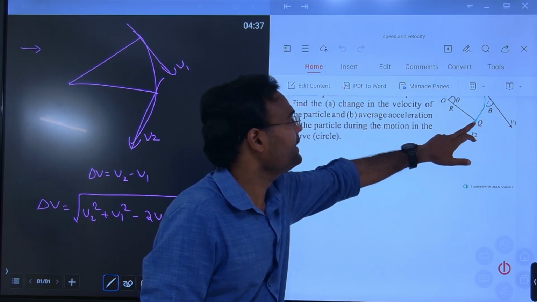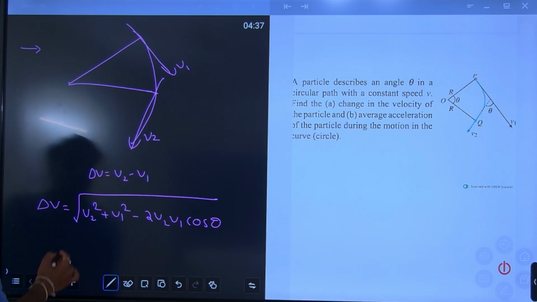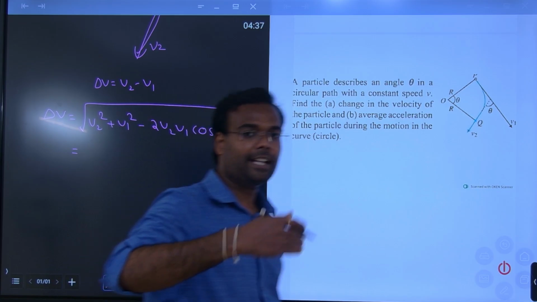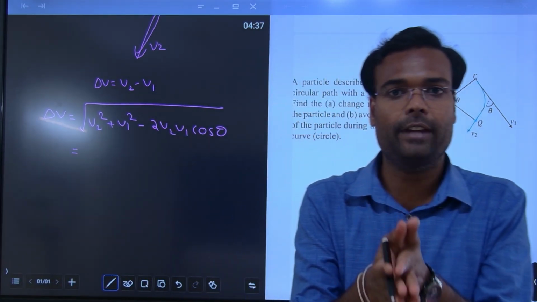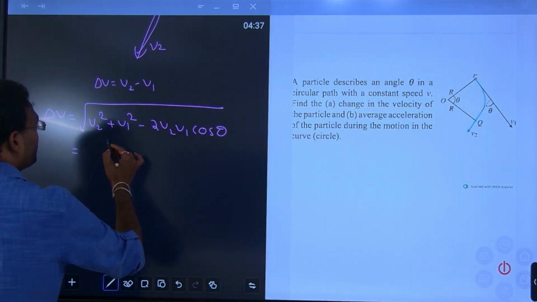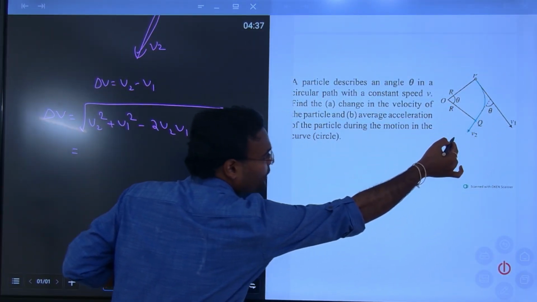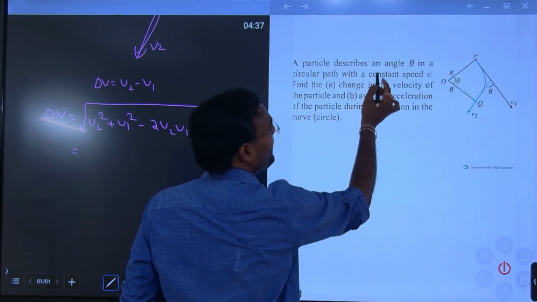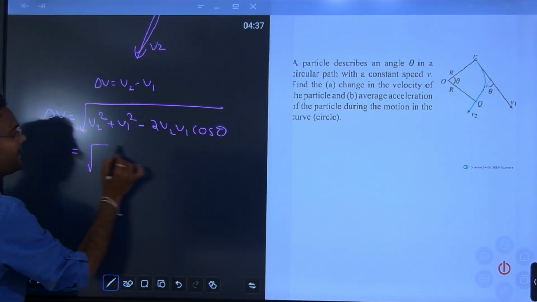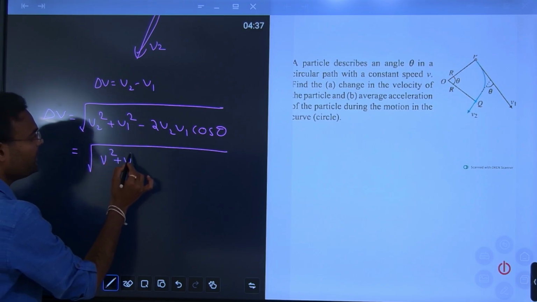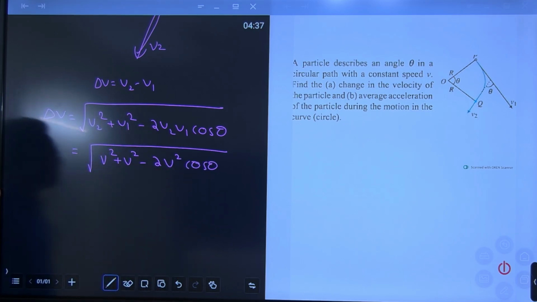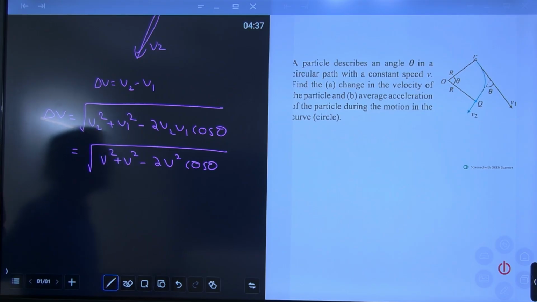According to our vectors concept, these are the magnitude values, so that means v square plus v square minus 2 v square cos theta. I hope it is very clear. If you have any doubts, I will definitely clarify them in our next class.